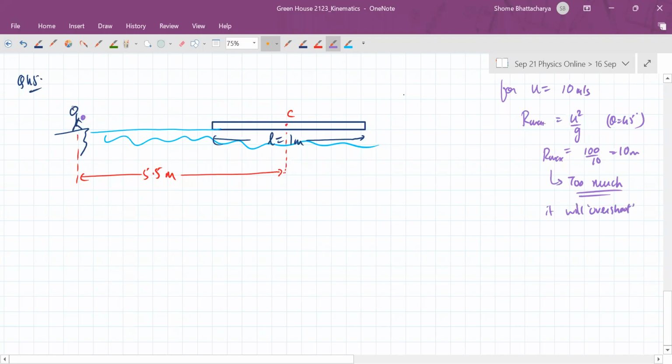So that means now if he wants the ball to land at the point A, let's say he projects it at an angle alpha. It will work for alpha, but he can also project it at an angle like this, where theta is 90 minus alpha, and then also it will land like this.